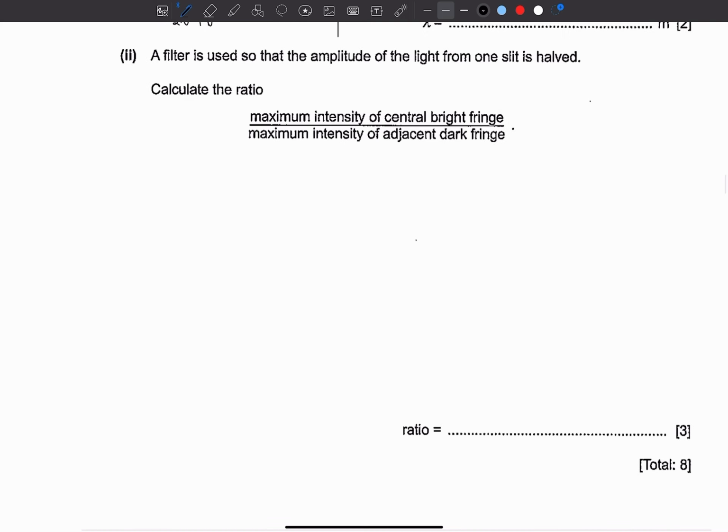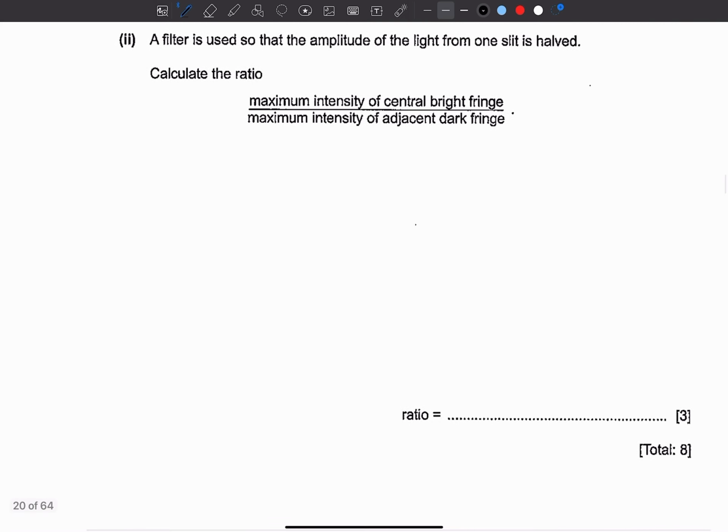Next, a filter is used so that the amplitude of light from one slit is halved. Calculate the ratio of maximum intensity of the central bright fringe and the maximum intensity of the adjacent dark fringe. So, since we are given the amplitude, we will work with the amplitude first.